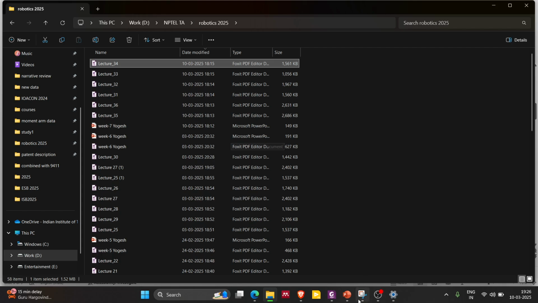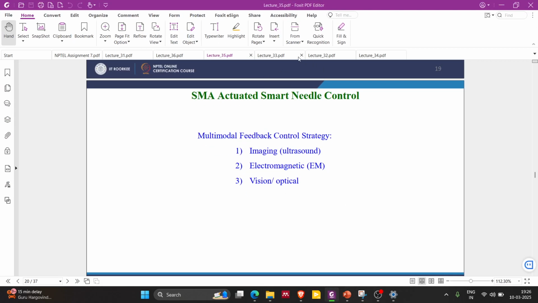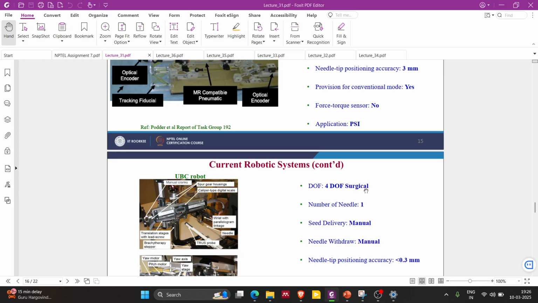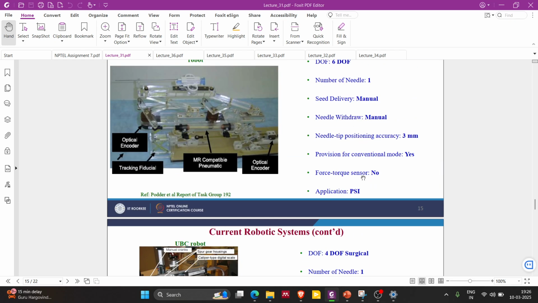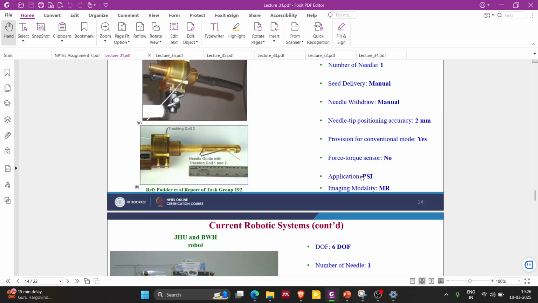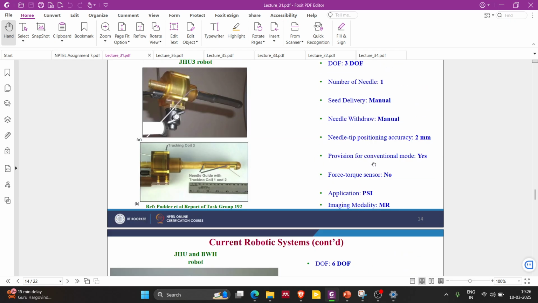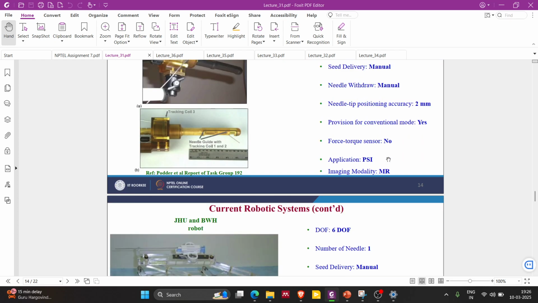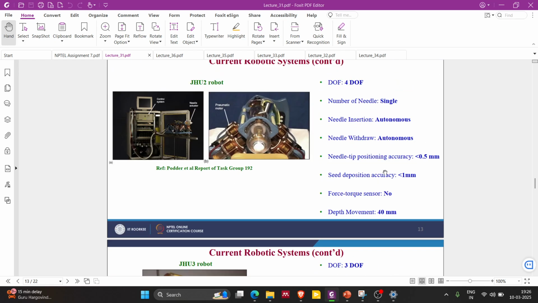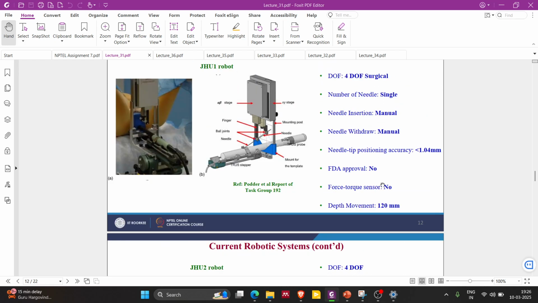For that, I think you need to go to lecture 31. You see the image. They have used ultrasound here, and they use MR, which is I think magnetic resonance.